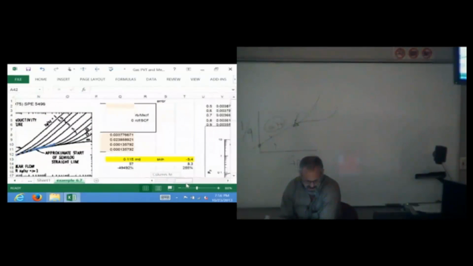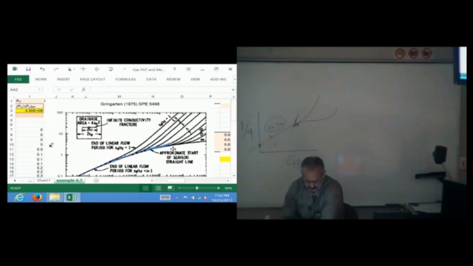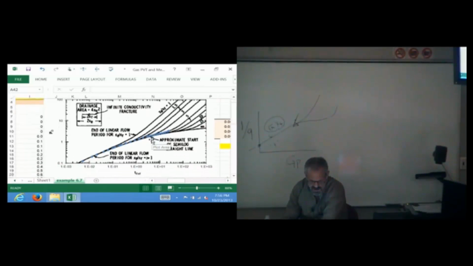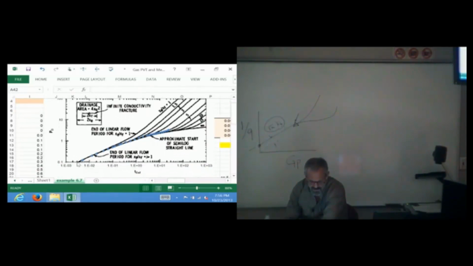So if you're going to see a boundary, there's a good chance you will. So you can see the latter point of the boundary start to crawl up that curve between 5 and 7 for a ratio of x sub e over x sub f. So that's the same boundary we saw in the derivative type curve.